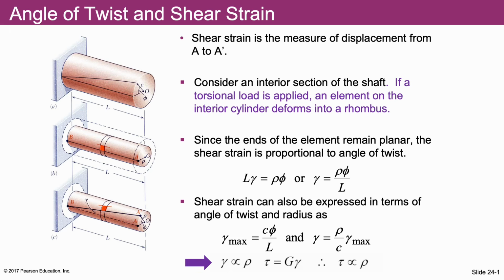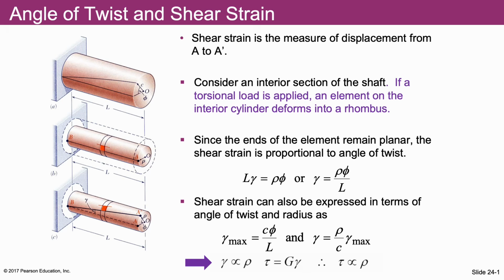Which means that gamma would be equal to rho times phi divided by L. Rho represents this distance from the center of the circular shaft, this radial distance.